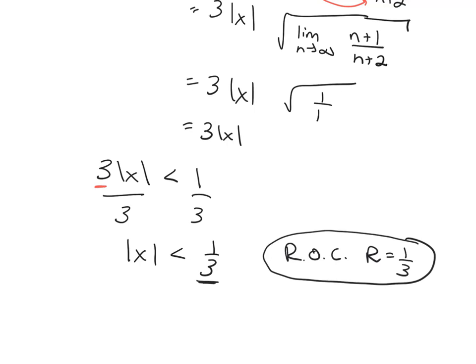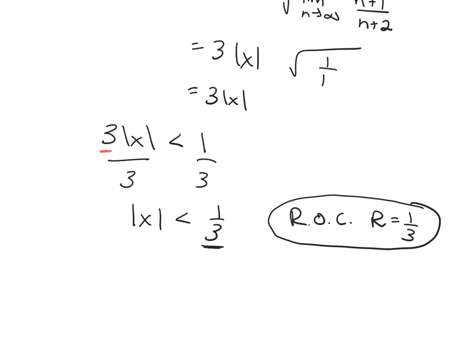So we've done half the question. We needed to know the radius of convergence. And now I need to know the interval. If the absolute value of x is less than 1/3, that means x needs to be between negative 1/3 and positive 1/3.